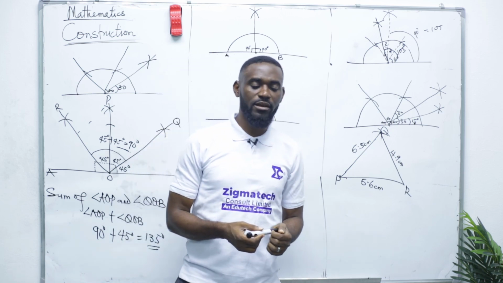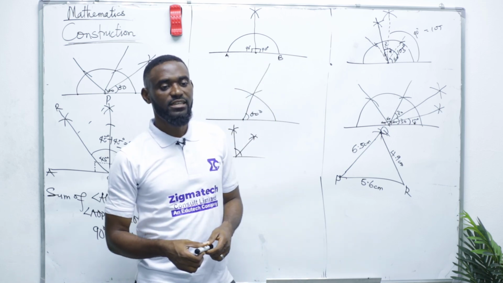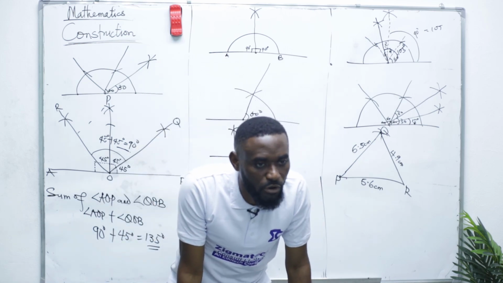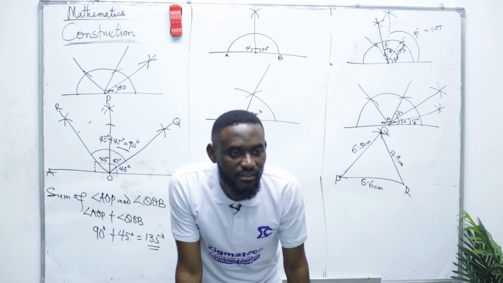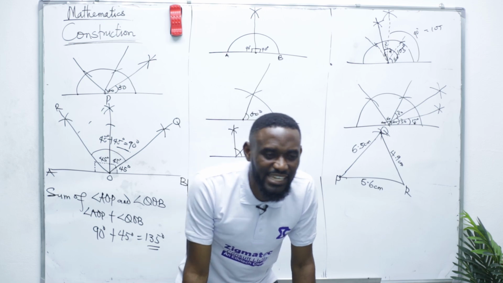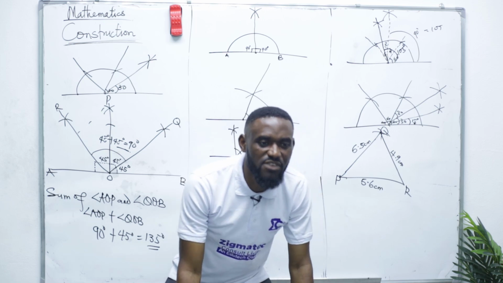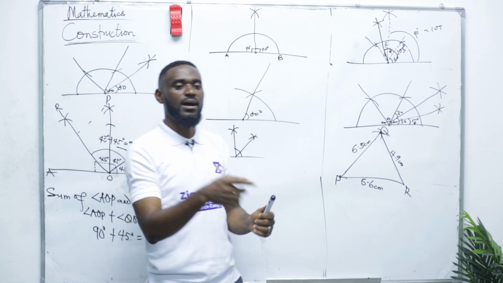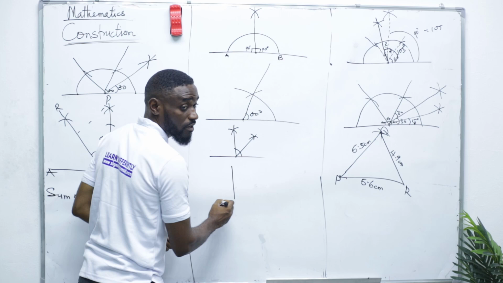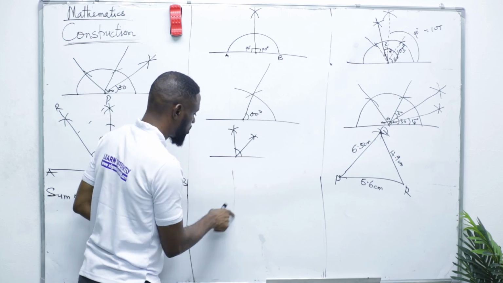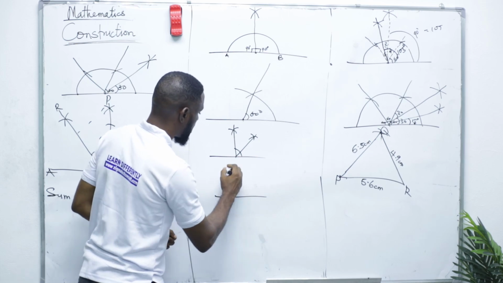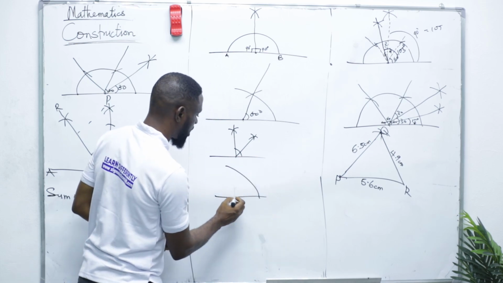Now let's look at the next one. They are asking which of the following methods above is or are correct for constructing 30 degrees. Now look at II. II is 60 degrees, right? It means that if we bisect that angle, see II here, this is the straight line, then there was an arc that was not a complete semicircular arc.